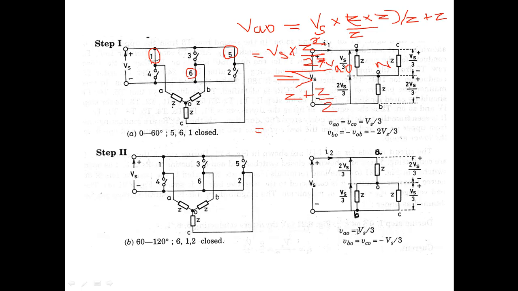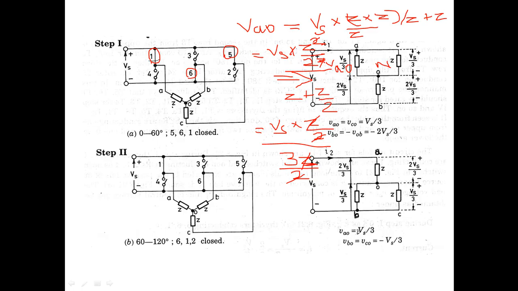Taking the LCM, 2Z plus Z is 3Z by 2, so Vs into Z by 2 divided by 3Z by 2. The 2 will get cancelled and Z will also get cancelled, so finally we will get Vs by 3.